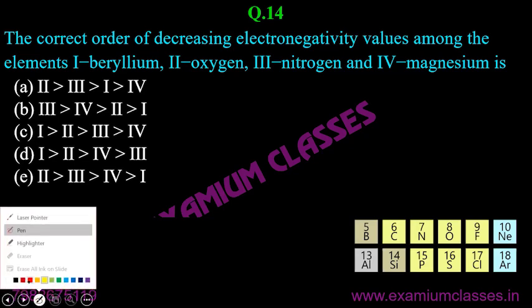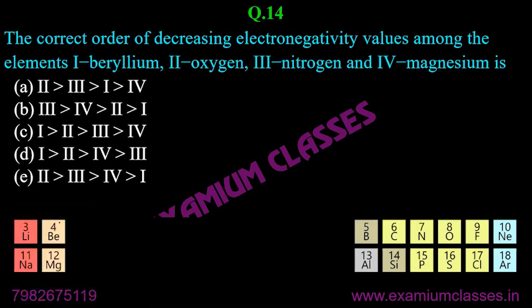We are talking about here beryllium, oxygen, nitrogen, and magnesium. Decreasing. Okay? Electronegativity decreases down the group, increases across the period.